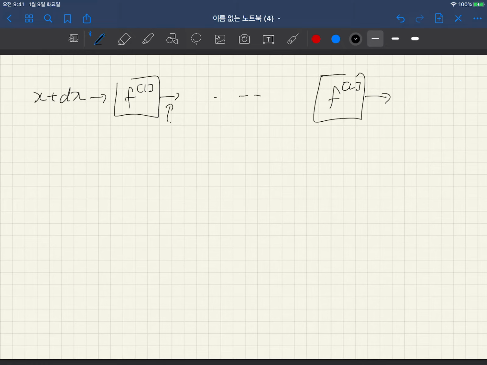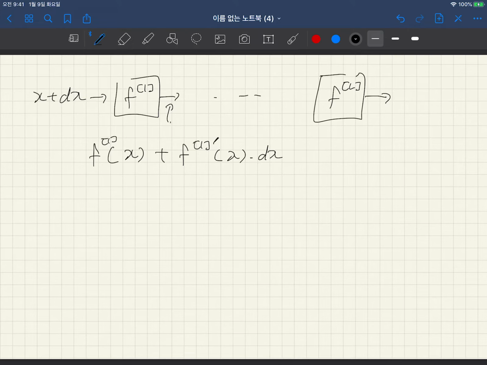So here, what is the value? It will be f1(x) plus f1 prime x times dx, from the definition of derivative.